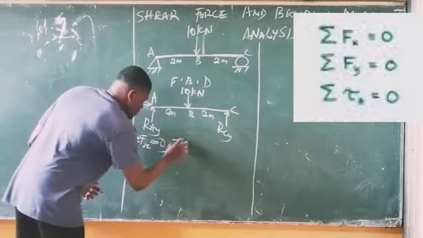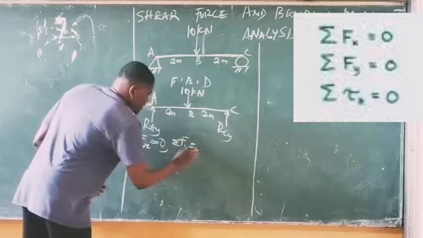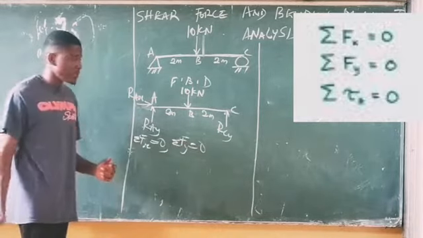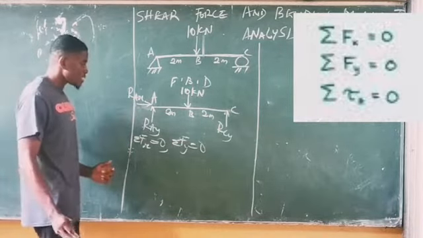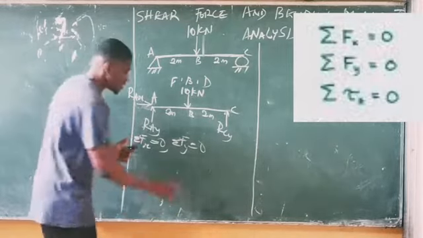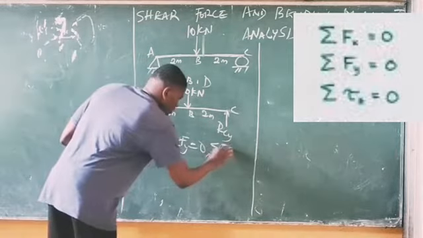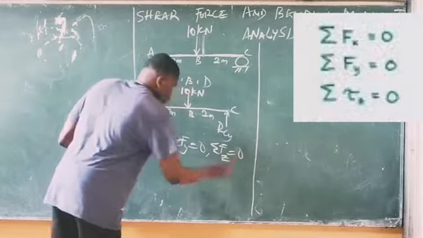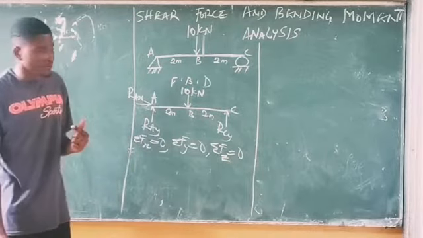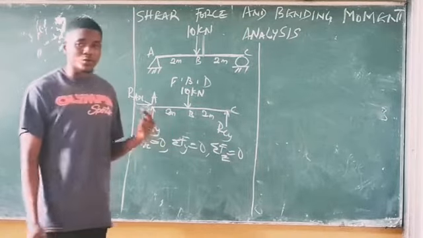Also, summation of force in the vertical axis is also 0, summation Fy is also 0. And in three dimensions, summation of force in the z direction is also 0. So we are going to apply this law to solving this problem.